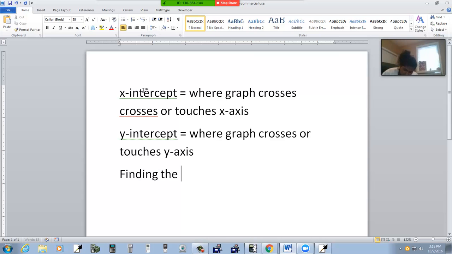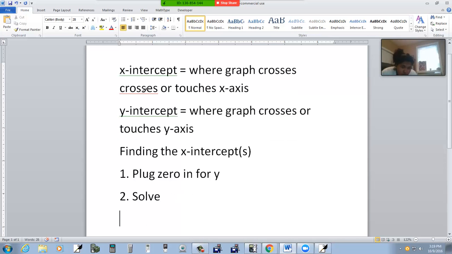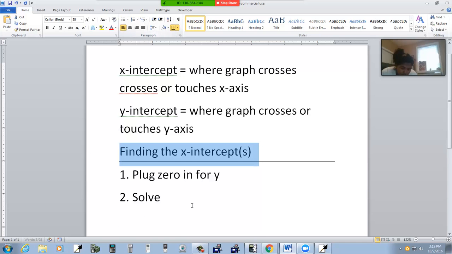So finding the x-intercepts. And I'll put an S on here because you can have more than one. Step 1, plug 0 in for y. And step 2 is solve. The intercepts are always the same.